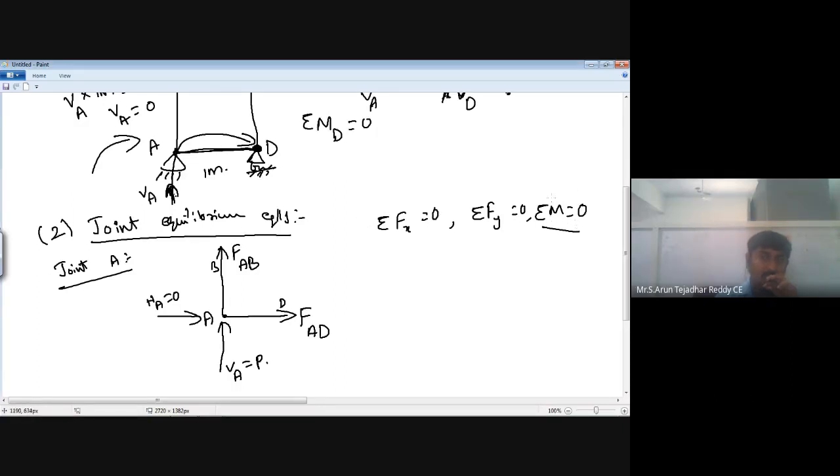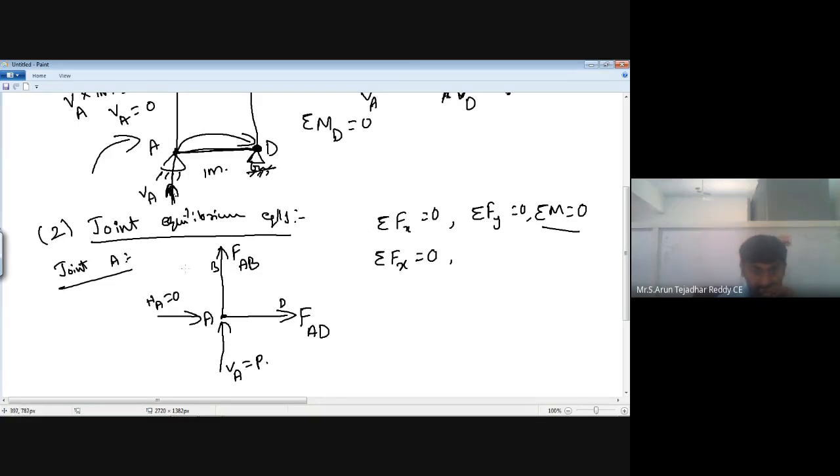Otherwise, this is not required, except Fx and Fy are common for all. So first, to find the two forces in this joint A, I am applying horizontal forces is equal to 0. The first equilibrium equation is horizontal forces.